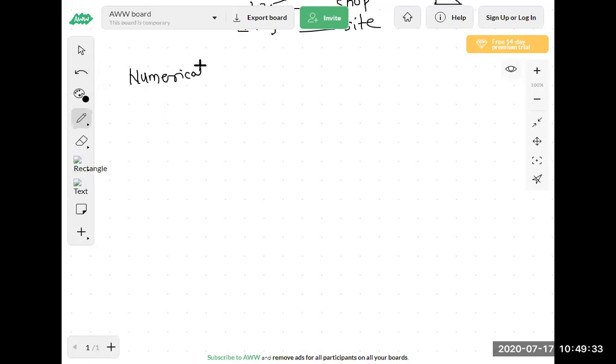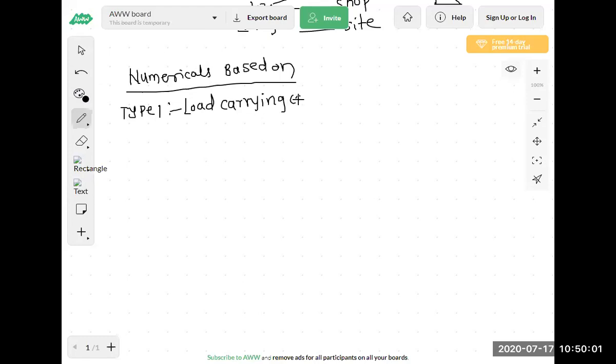Numericals. Write down one title: numericals based on type 1, that is load carrying capacity of welded joint.